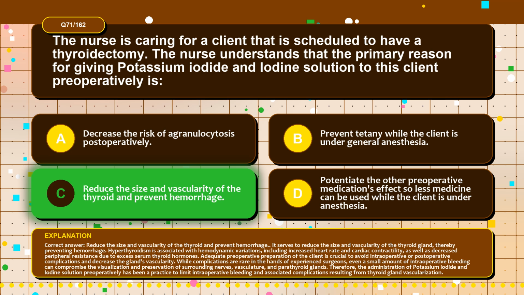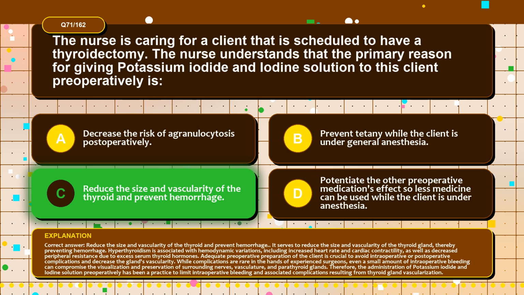Hyperthyroidism is associated with hemodynamic variations, including increased heart rate and cardiac contractility, as well as decreased peripheral resistance due to excess serum thyroid hormones. Adequate preoperative preparation of the client is crucial to avoid intraoperative or postoperative complications and decrease the gland's vascularity.